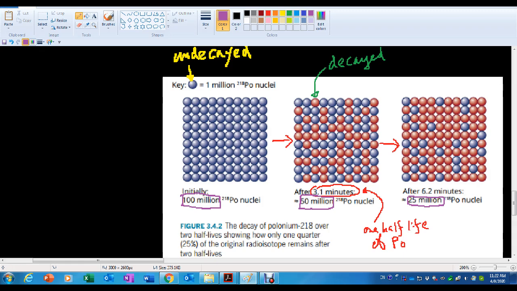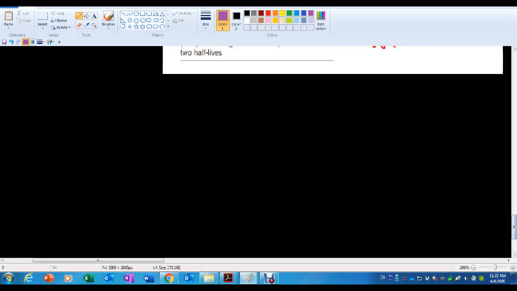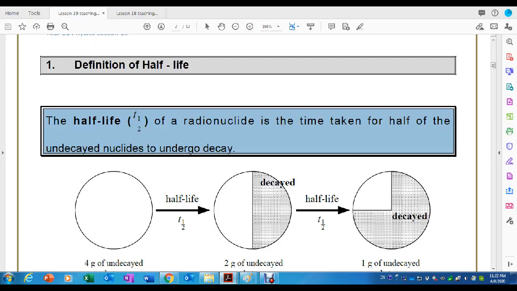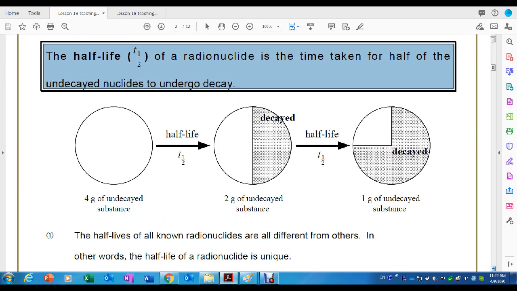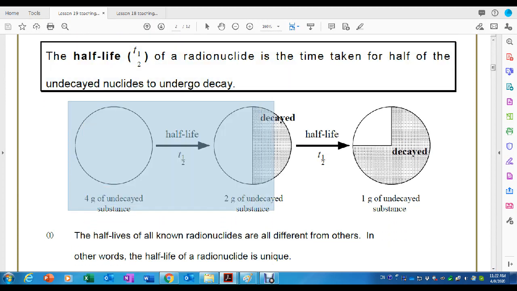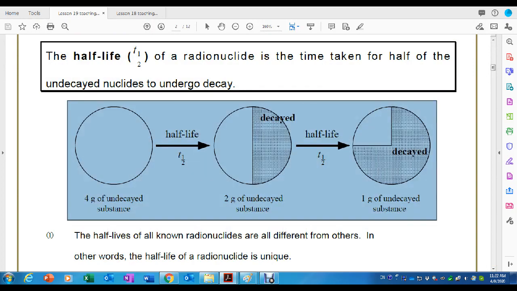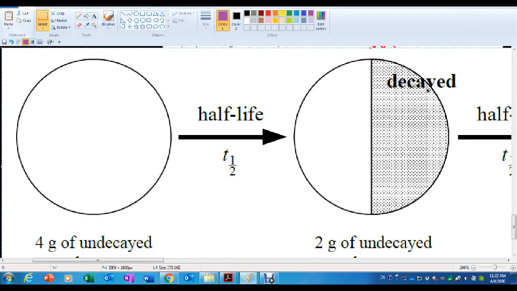I give you another illustration in my notes. This one is possibly a more geometrical one.